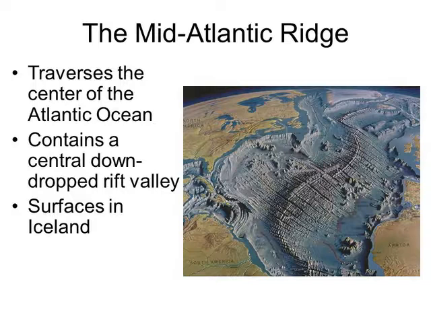And typically mid-ocean ridges are created by rift valleys, and in particular the Mid-Atlantic Ridge started off as a rift valley that cut Pangaea into two separate continents.